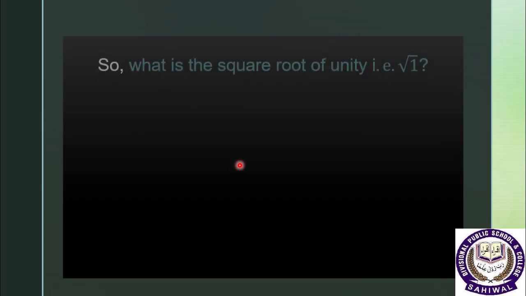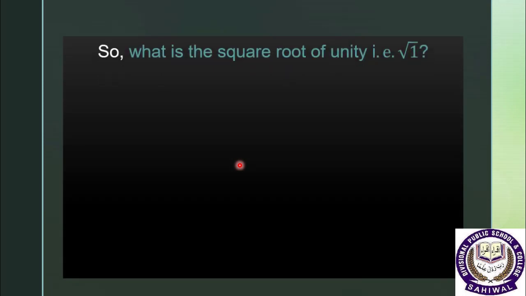So how can we find the square roots and the cube roots of unity? Let's start with the square root of unity, which can be written as the radical sign with 1 as a radicand. Let the root be x. So x is equal to square root of 1.